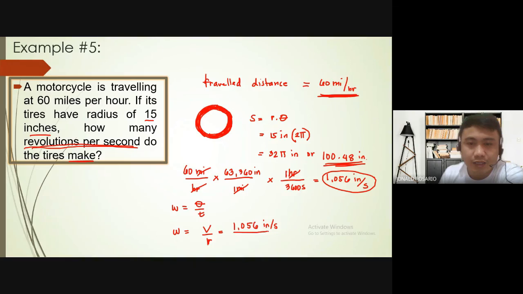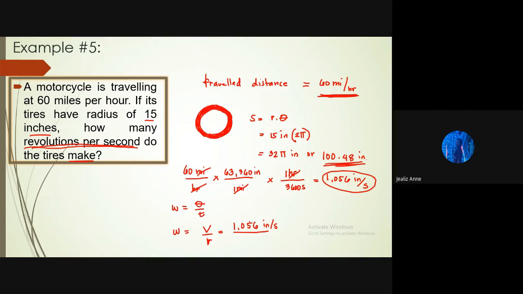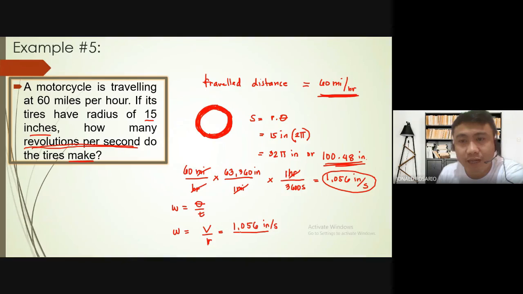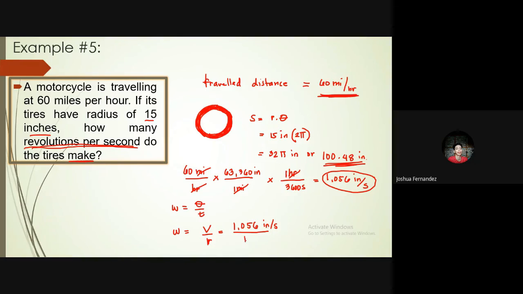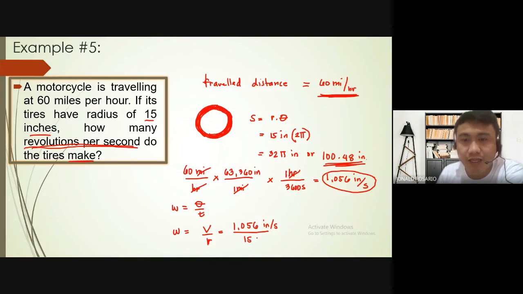Doon sa module ninyo, saan nila dinivide yung 1,056? Anyone? 15 po, sir. Dinivide nila sa 15. Yes po, sir. So yung ating R is 15. Tama ba? Our R is 15 inches, correct?